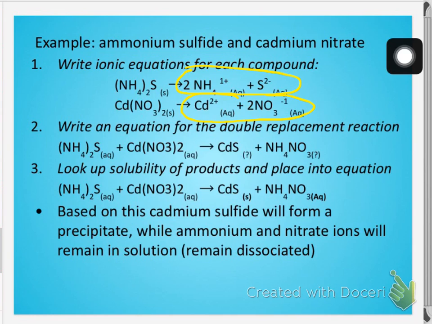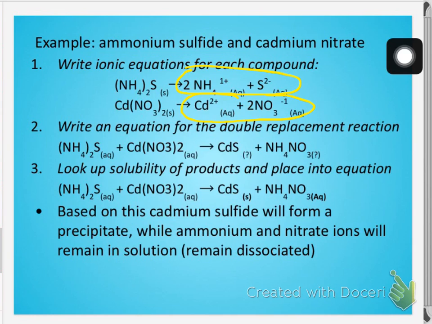Will we get a solid product out of these two aqueous solutions? Well, we can predict what the products would be if a reaction happened, and then we can look up and see if cadmium sulfide is soluble. And if it's not, we're going to get a cadmium sulfide precipitate.